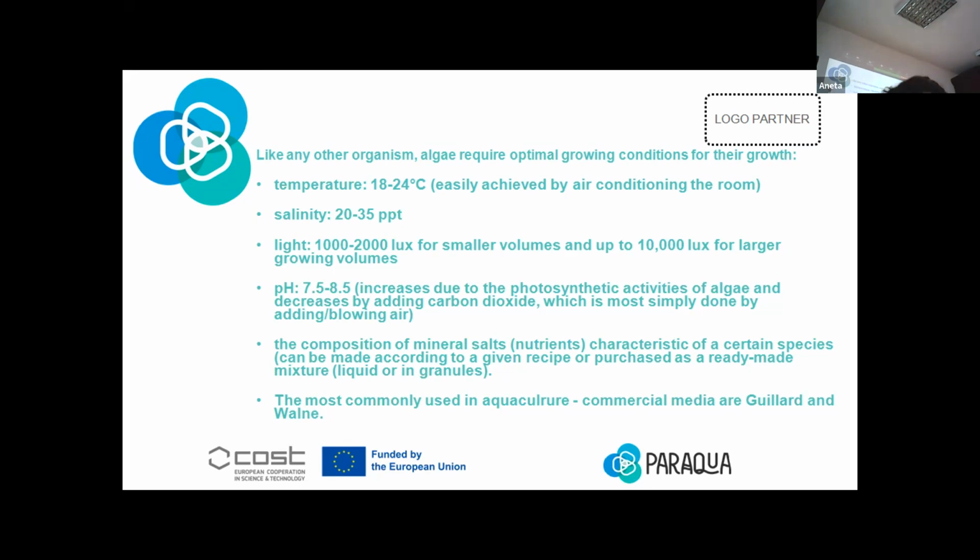What we have normally used for years is the Walne and Guillard solution. Of course, this is expensive for bigger, large-scale producers, but there are many other recipes.